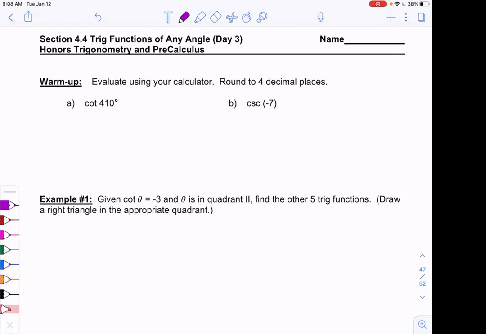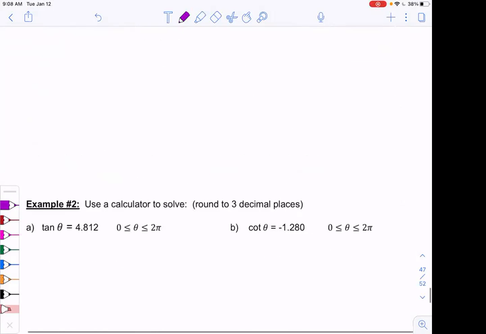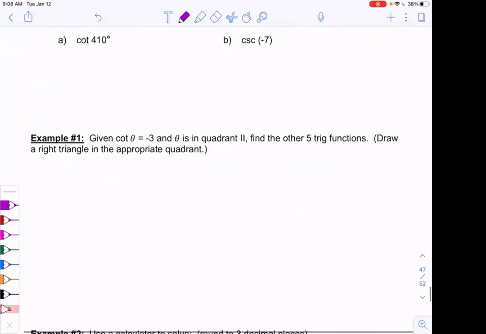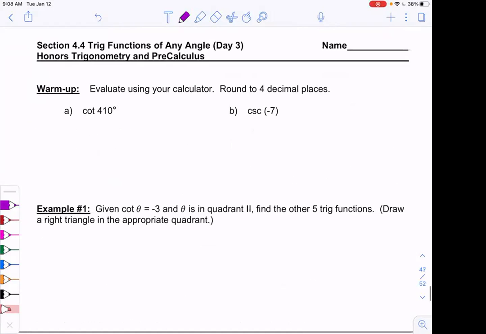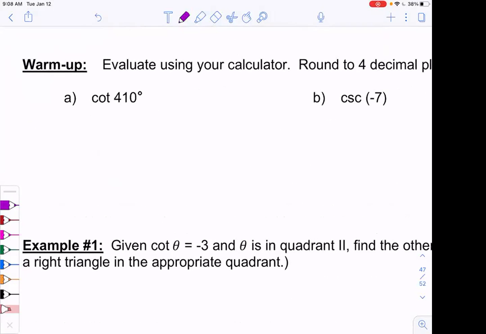So the warm-up question wants you to evaluate using your calculator, and this is page 35 in the packet. If you want to pull out a calculator, just a little refresher because it's been a little while since we've gone to the calculator and tried to evaluate functions. On the homework last night, there was something like this, and for cotangent, why couldn't you do it as a second tangent?